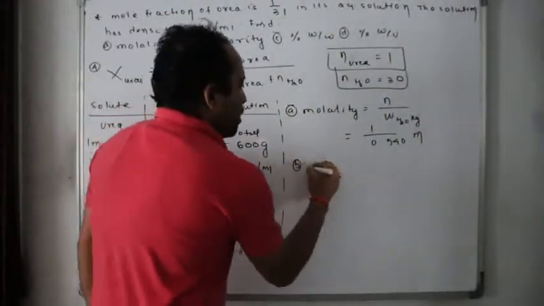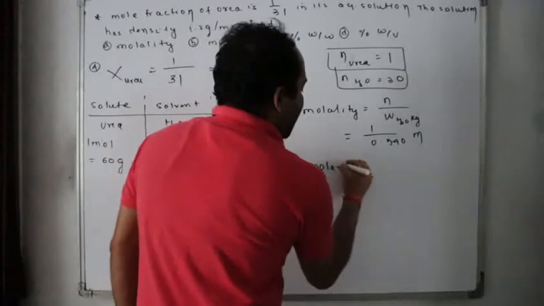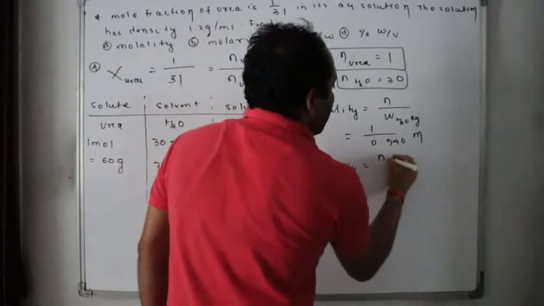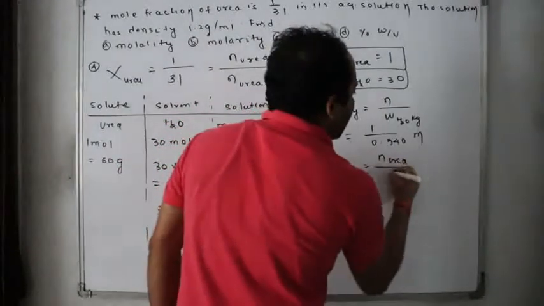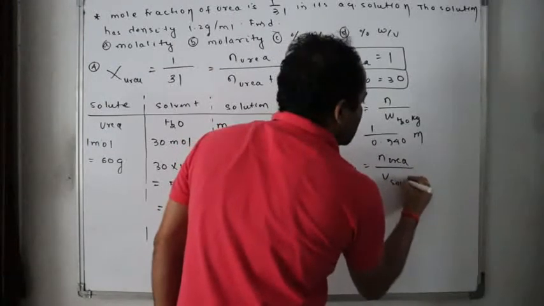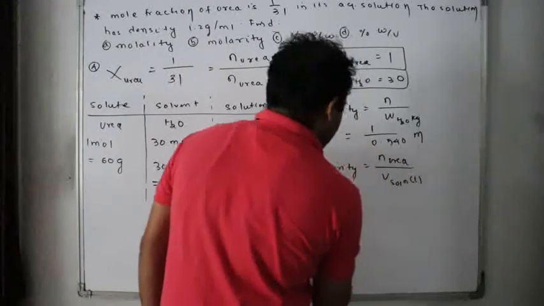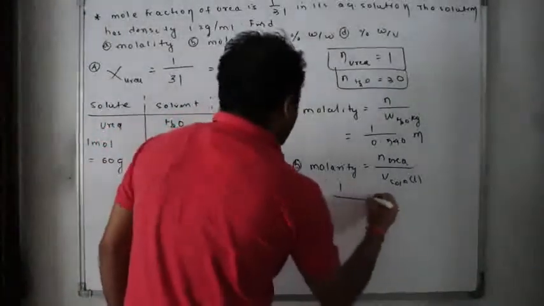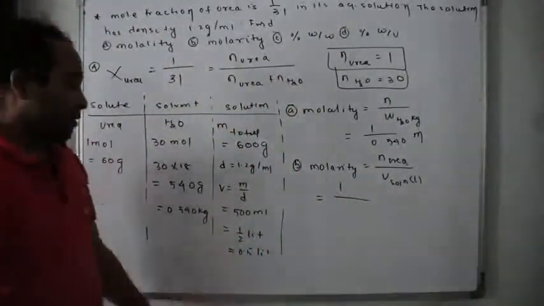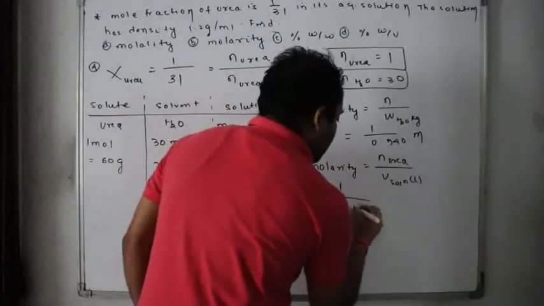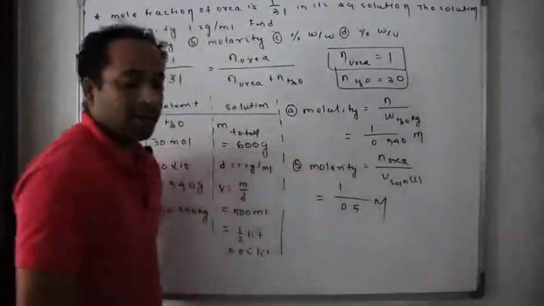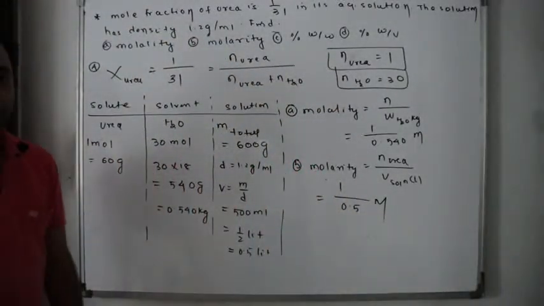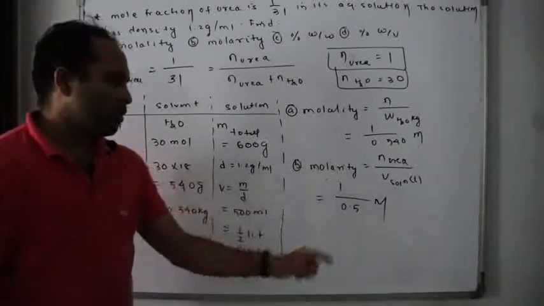Second, molarity: number of moles of urea by volume of solution in liters. Number of moles of urea is 1, volume of solution in liters is 0.5, so 2 molar. Yes or no? Clear?